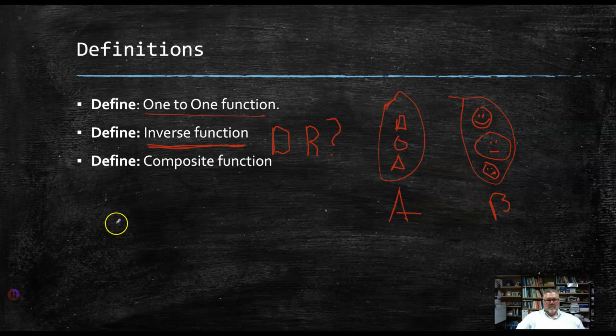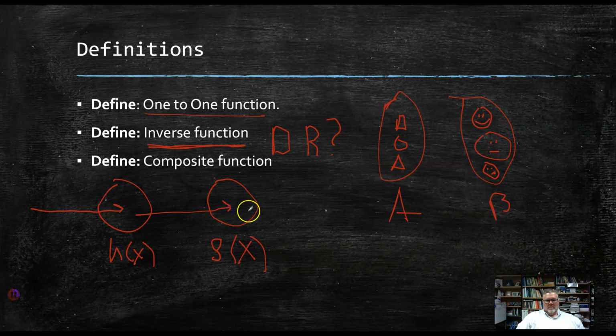And then composite function, remember we're going to take function 1, so maybe this is function 1, h of x. And then we have, makes that look more like a g. Kind of looks like a g, not really. It looks like a broken 8. Doesn't matter. G of x. And somehow we're taking something and running it through this function, and then running it through this function, and coming out this side.